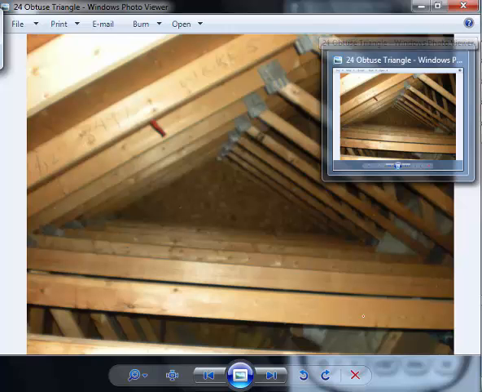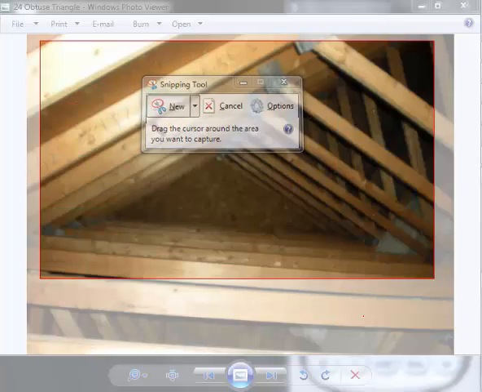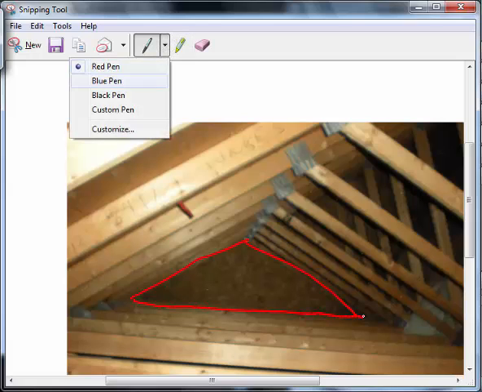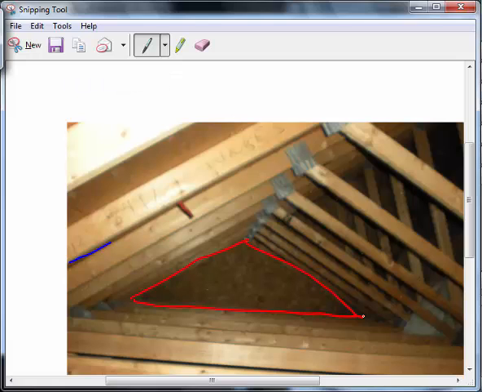And I'm just going to pretend on this because obviously these are not similar triangles. They are congruent triangles because it's rafters in my attic. But I'm going to compare this triangle back here, this very farthest one, with this triangle here, one of the very front ones.